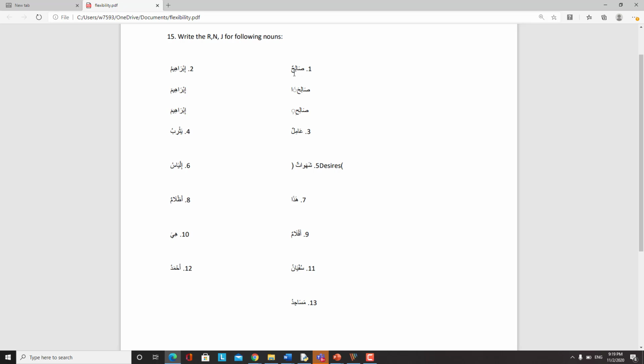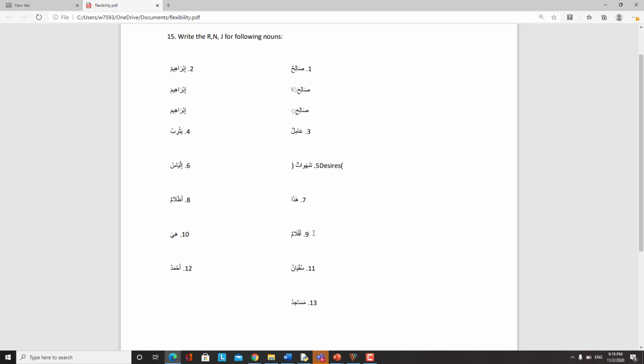The marfu state will be Salihun, Salihan and Salihin. And Ibrahimu is a non-Arab prophet name, so it will be partly flexible. So we have just u, a, and again a. Likewise, amilun means worker, yasribu, we have seen this example. Ilyasu, again the name of a prophet.